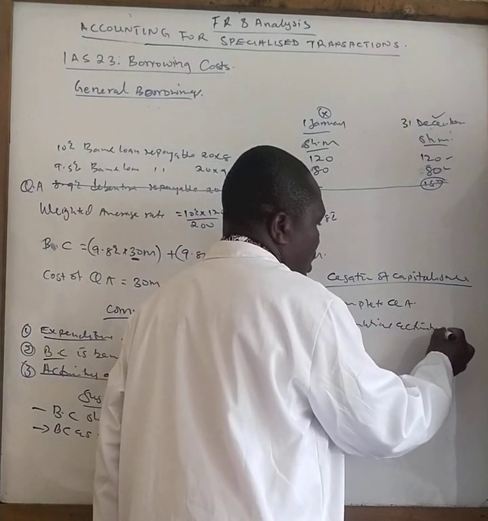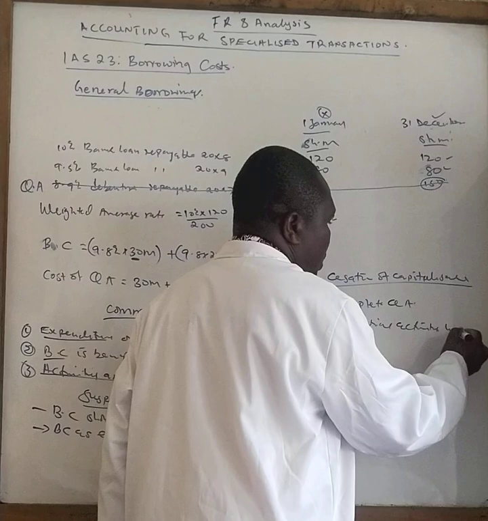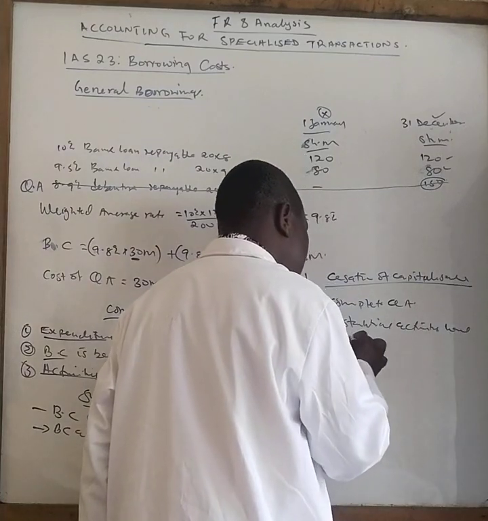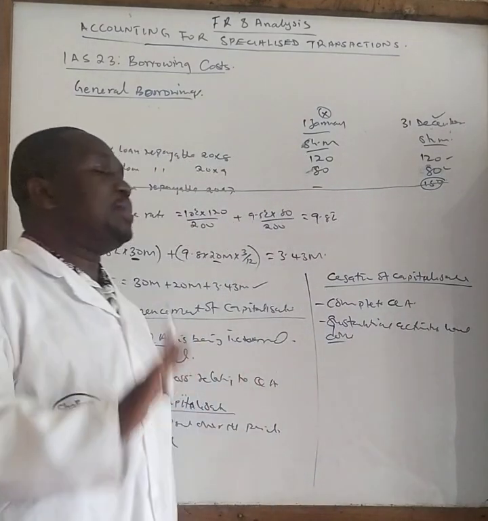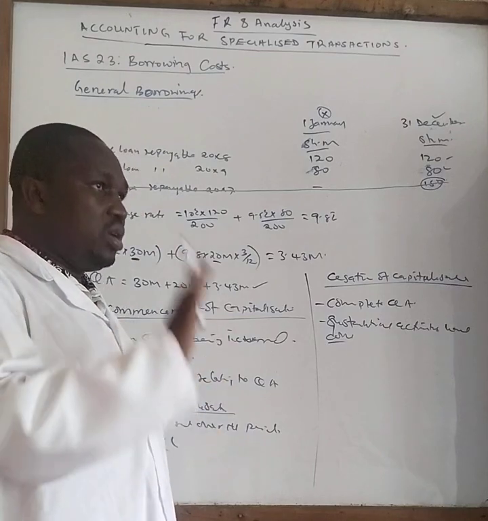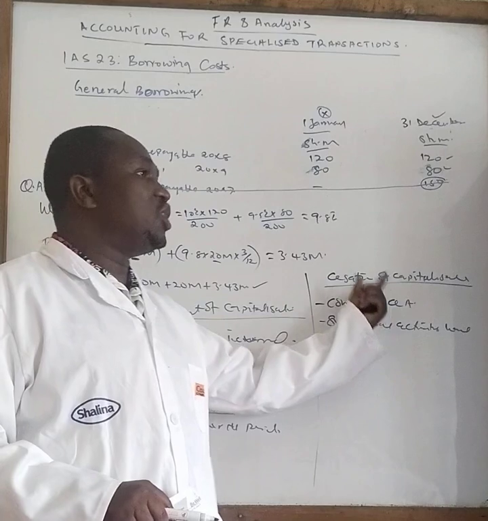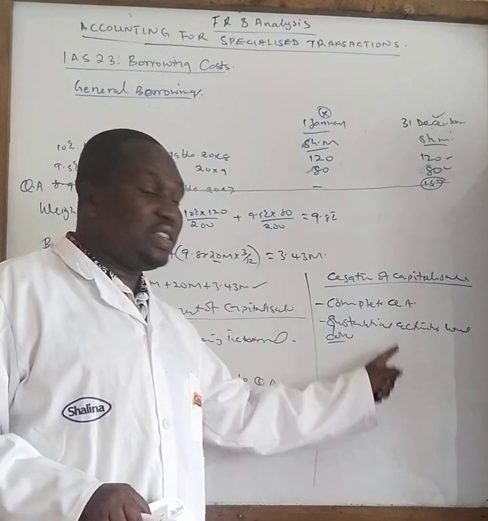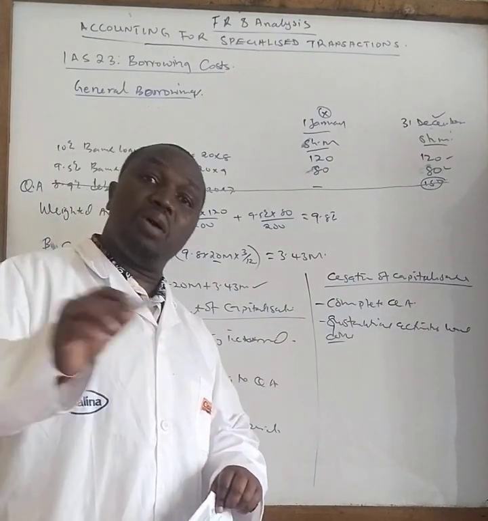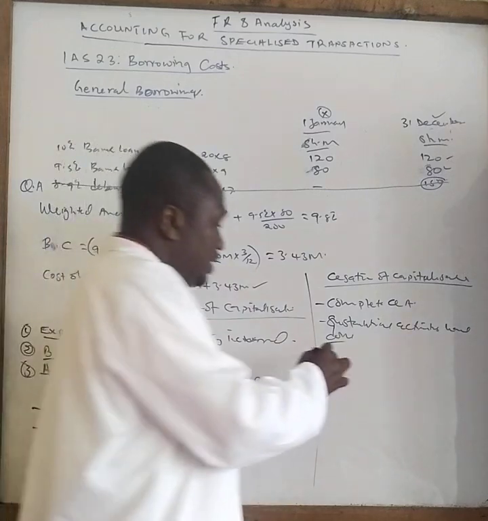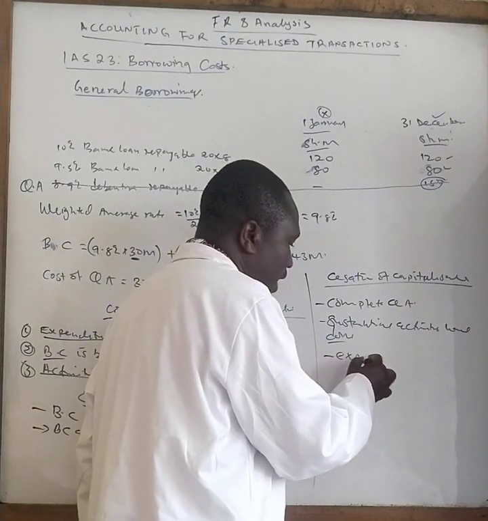And therefore, we have also proved that substantial activities have been done. So if you have done substantial activities on that qualifying asset, then it means you can cease from capitalizing. And when you talk about this statement, it means you are treating the borrowing costs as expenses.